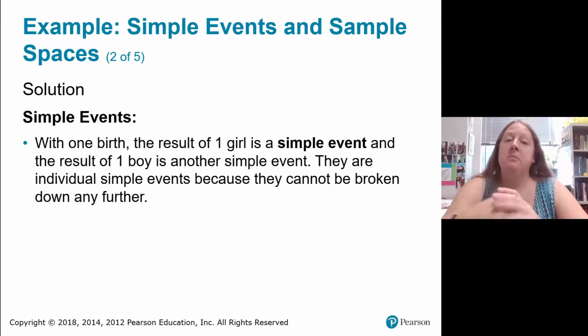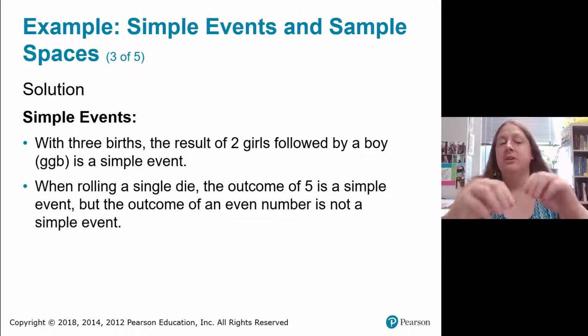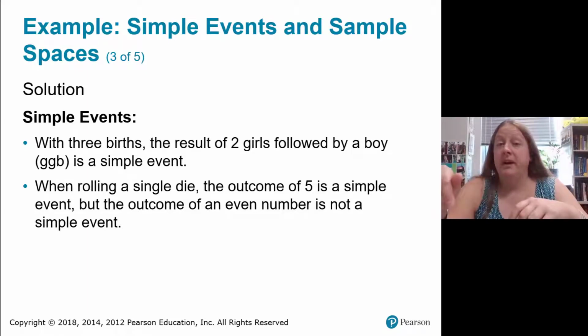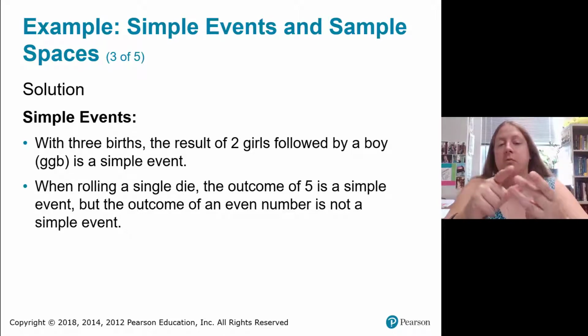Similarly, one boy being born is also a simple event. If instead we look at 3 births, then the result of 2 girls followed by a boy, so I have 3 children born, first 2 are girls, and the last one is a boy, then we end up with this GGB, and that is also a simple event.